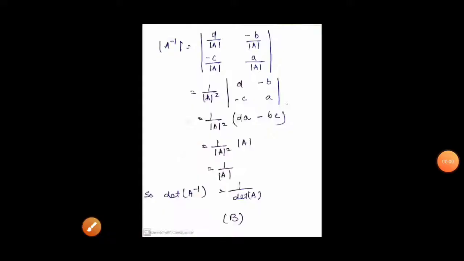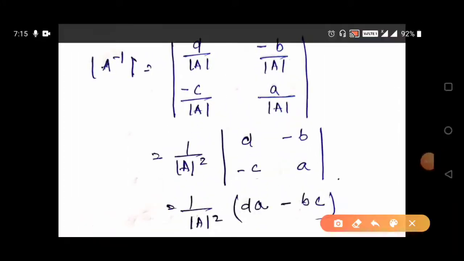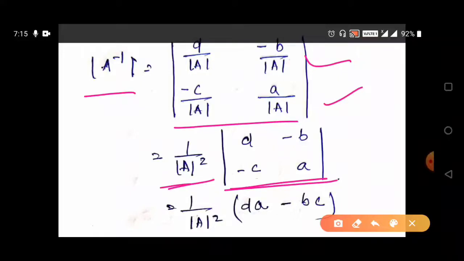Now if we take determinant on both the sides, then from row 1 and column 1 we can take out 1 by determinant A, then outside it will become 1 by determinant A square, and the determinant will become like this.